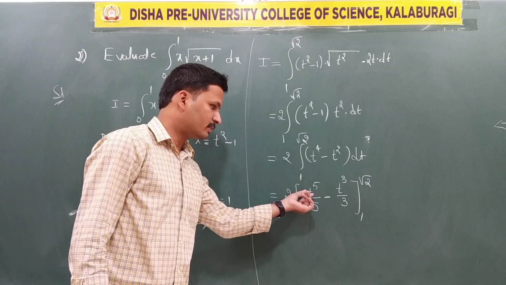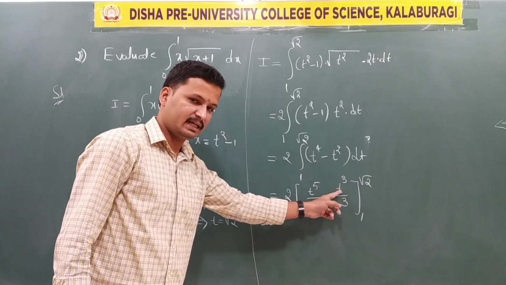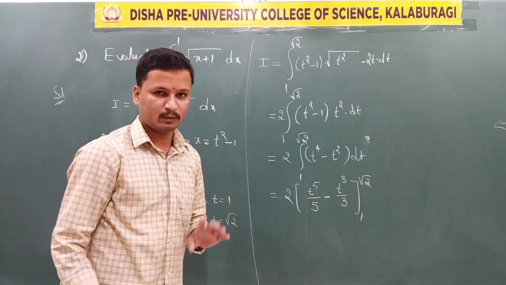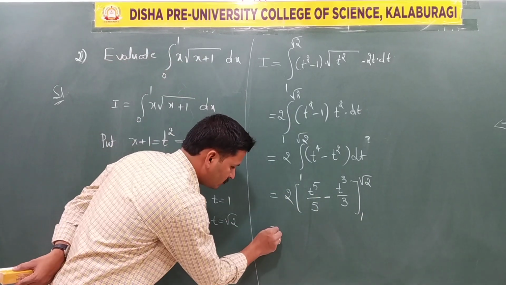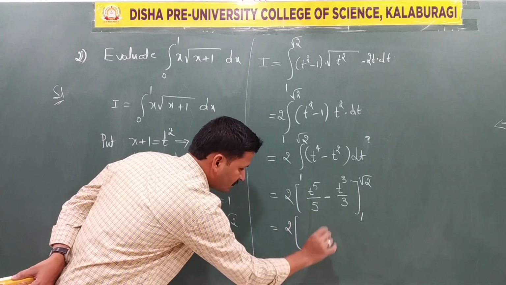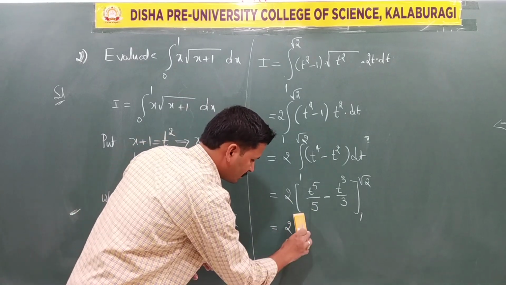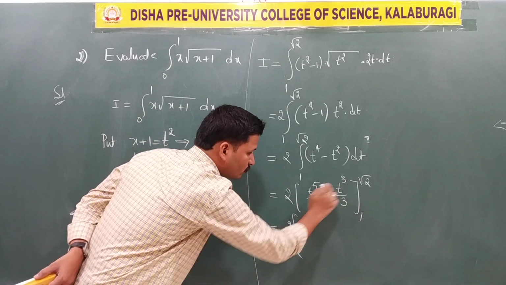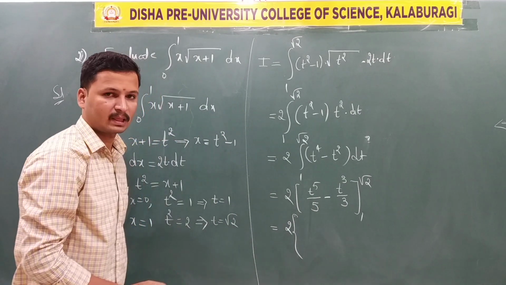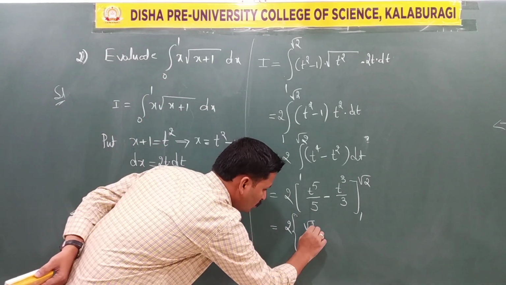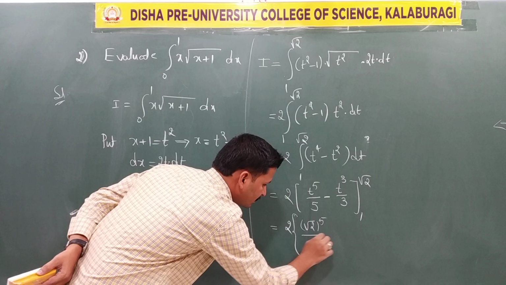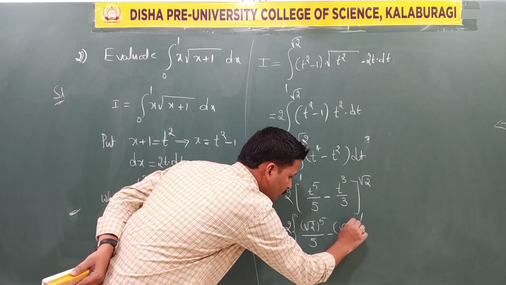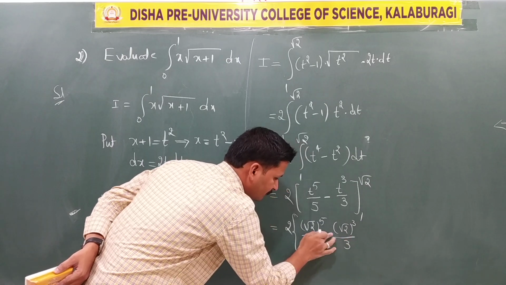First substitute the upper limit root 2 in place of t, and minus, in place of t substitute 1. So root 2 whole raised to 5 divided by 5 minus root 2 whole cube divided by 3.